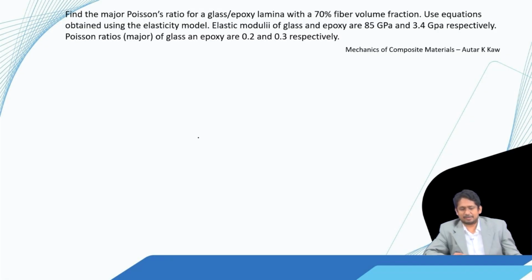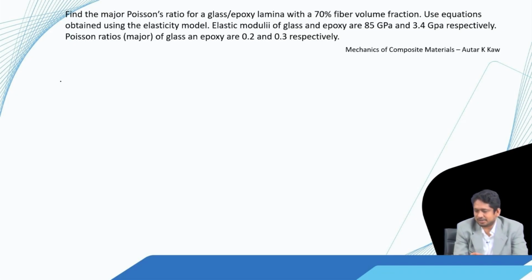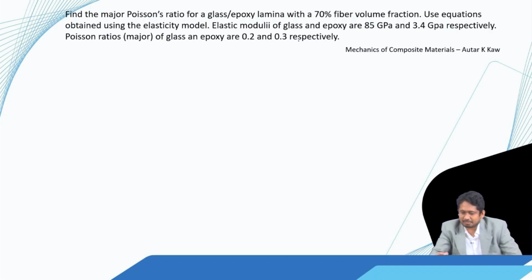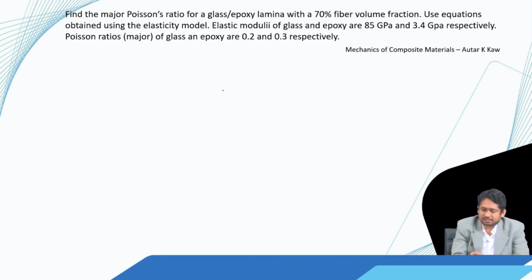Now, again a similar problem, but this involves Poisson's ratio. So, you have to find out the major Poisson's ratio for a glass epoxy ply, and again Vf is given to be 0.7 and Vm is accordingly 0.3, and elastic moduli are given for glass and epoxy. We have to find out the Poisson's ratio.